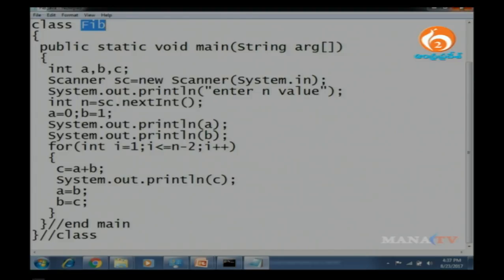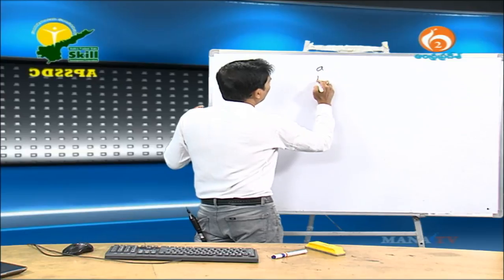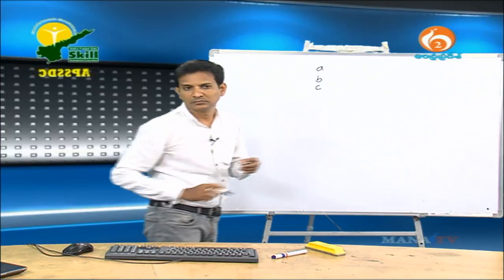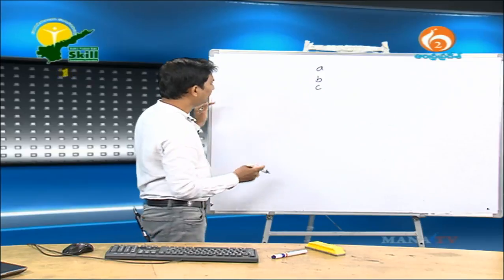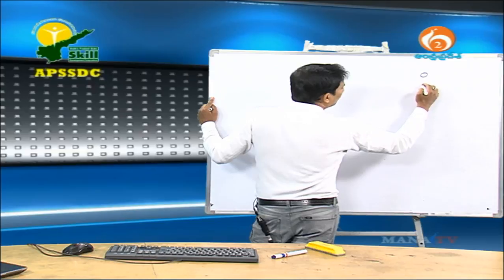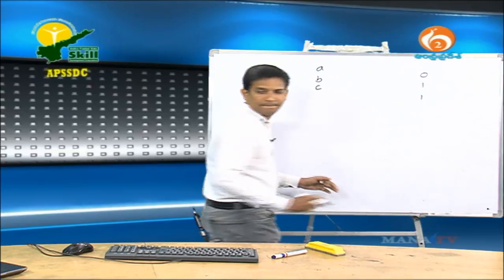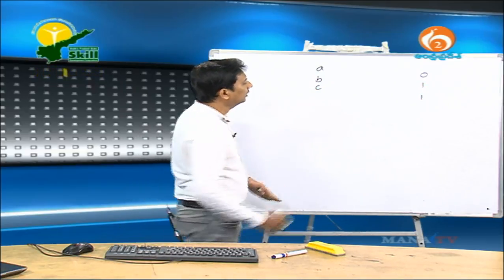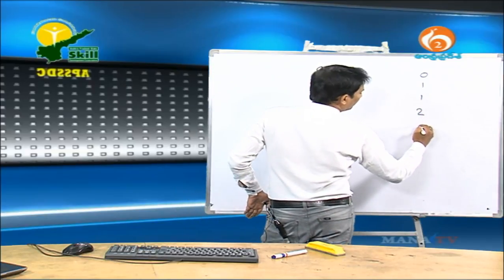Just look at this program. First, the Fibonacci series has to display like this: 0 1 1 2 3 and so on.